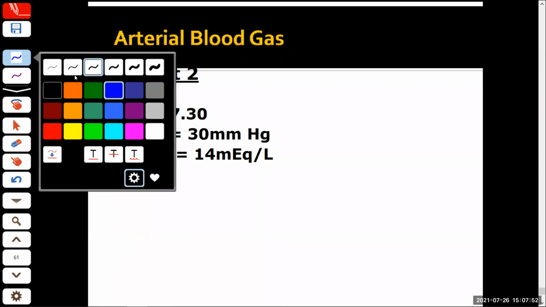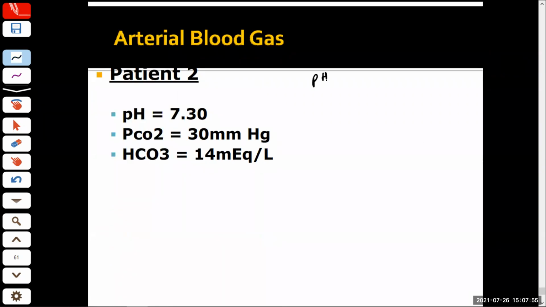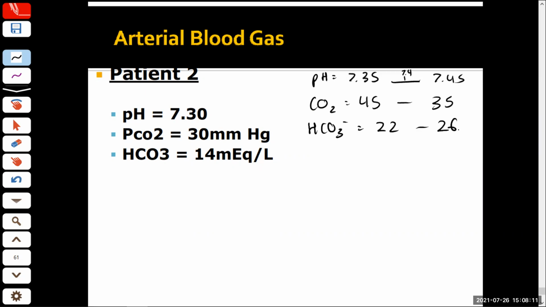Okay, so just setting it up here. pH 7.3, we've already actually kind of seen this before.